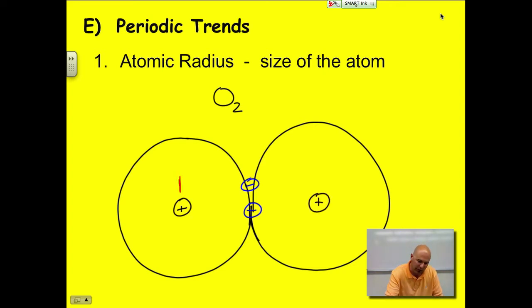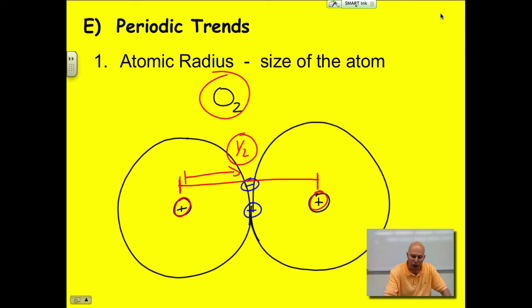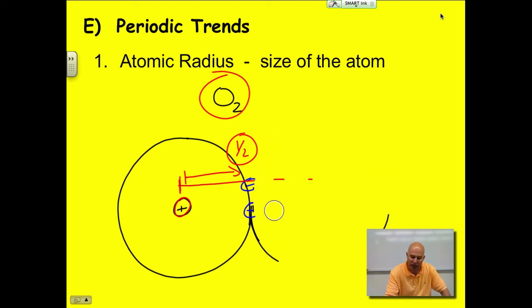What scientists do is they measure the distance between each nucleus, because of course you get this orbital, this cloud of electrons, and it could change. So by measuring the distance from one nucleus to the other, and then taking half of that, they can determine the radius. Once you know the radius of oxygen, you could put it together with another element, let's say a smaller atom.